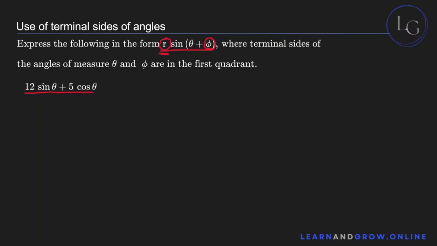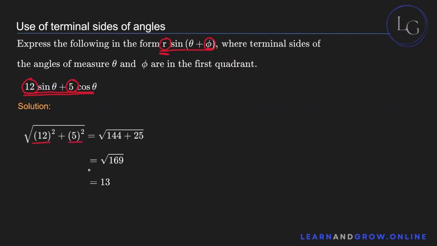It's the magnitude or the radius of this entire expression. You just find that out by finding the square of whatever is being multiplied with the sine term and the square of whatever is being multiplied with the cos term, in this case 12 and 5 respectively. Add the squares up and take the square root. In this particular case, it ends up being 13. We found the value of r.